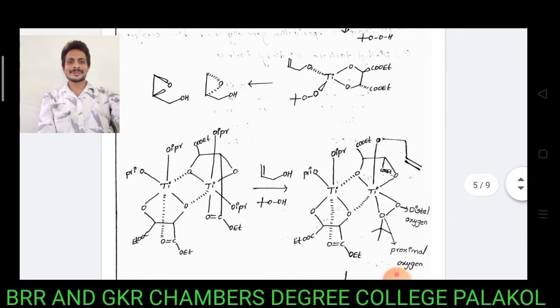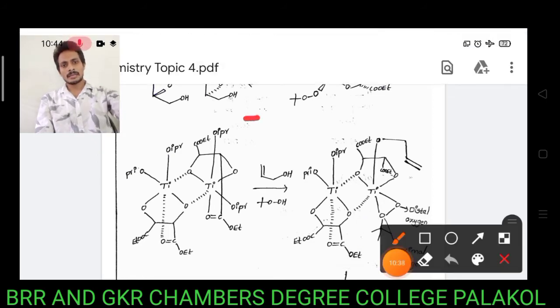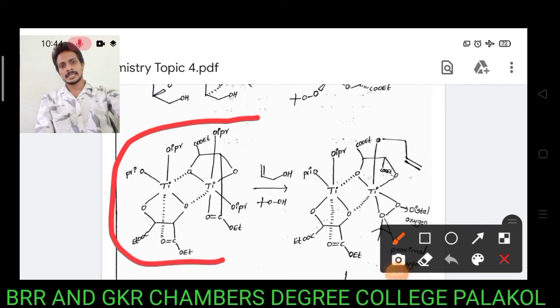Now the detailed mechanism of Sharpless epoxidation. First, titanium tetraisopropoxide coordinates with DET, giving tetracoordinate complexes. The tetracoordinate complex exists as a dimer.